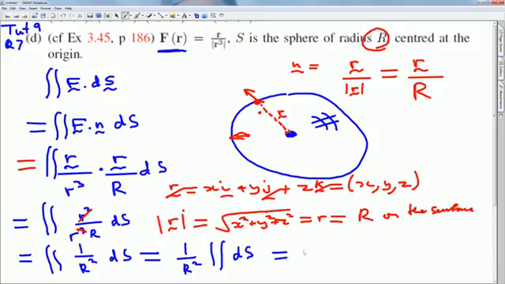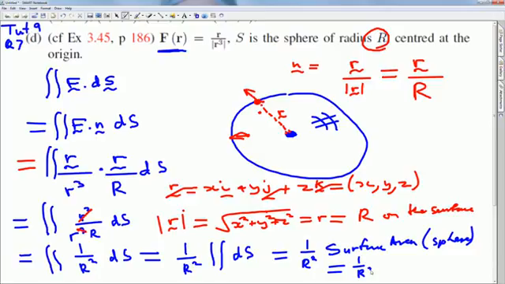If you integrate a little bit of surface area over the whole region, that's just going to give you the surface area of a sphere. And if you can't remember what that is, the surface area of a sphere is 4 pi R squared. And you can see these R squareds cancel out, and you're just left with 4 pi.